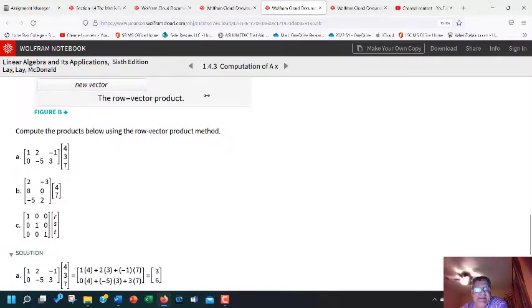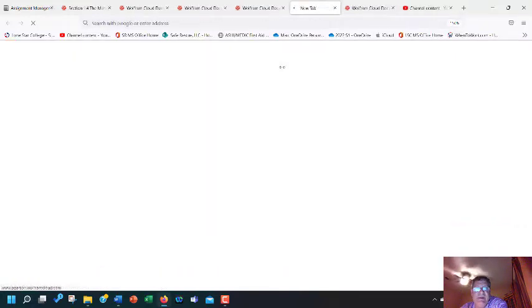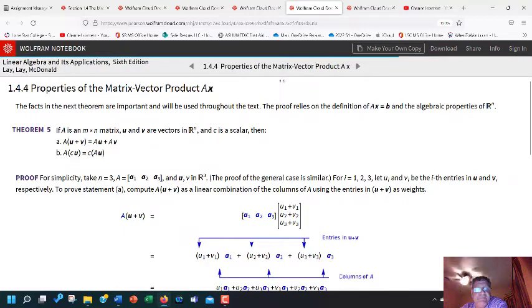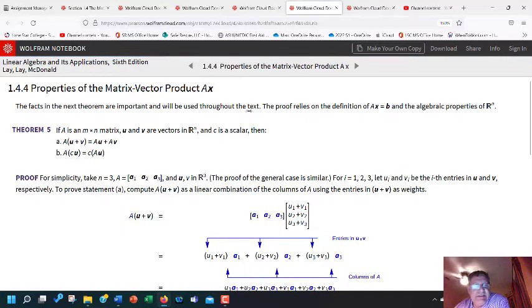Okay, and then there's some examples here for the computation of AX. The properties of matrix vector product AX are going to be quite obvious. So we have A times U plus V, AU plus AV. We can actually show some of these, and there's a nice proof here.